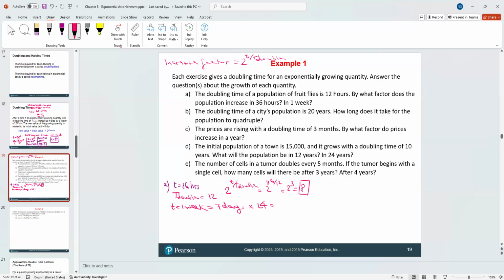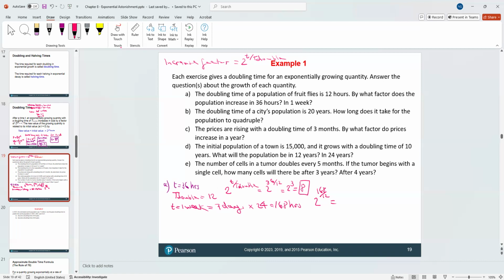If you take 7 days times 24, it gives you 168 hours. We need to have the same unit. So we're going to have 2 to the power 168 over 12 when we do it for 1 week.